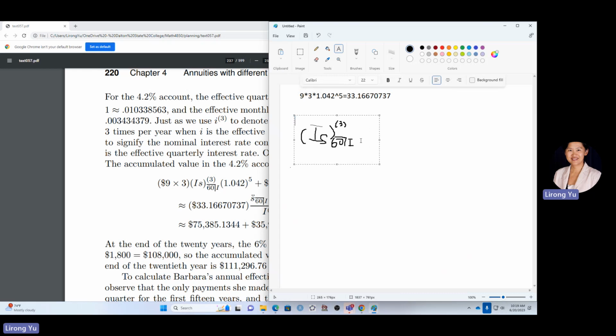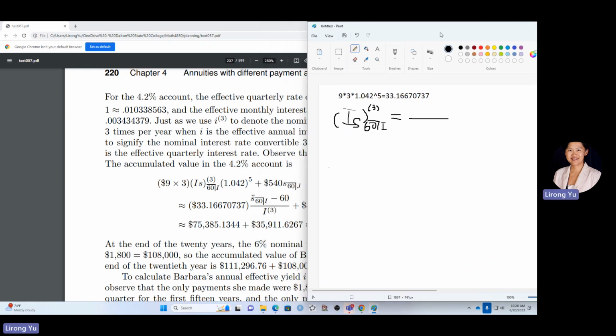Now this one, it already has a formula in the text. So this is equal to, according to the IS, the increasing payment future accumulated value is being calculated by, well, you already have that.